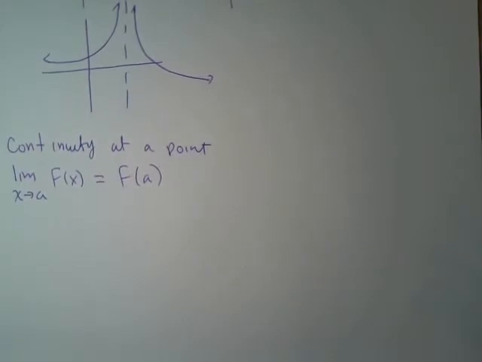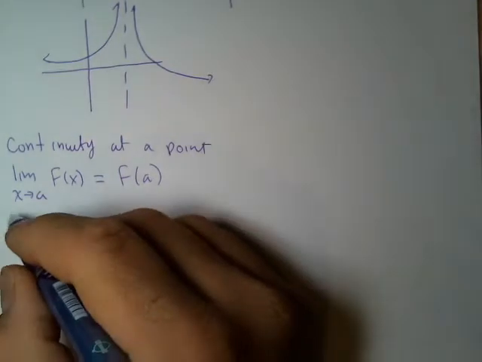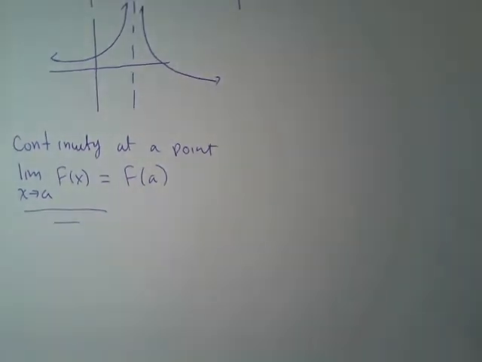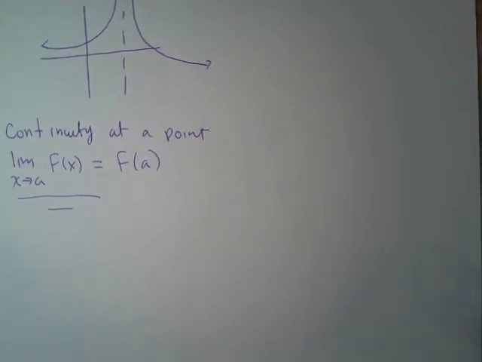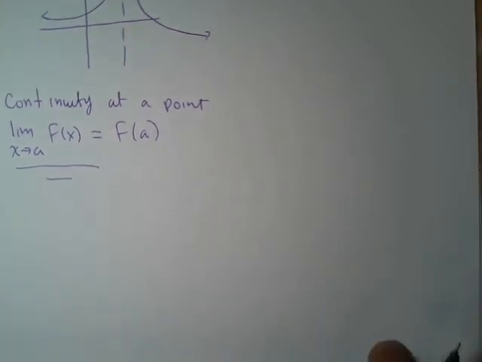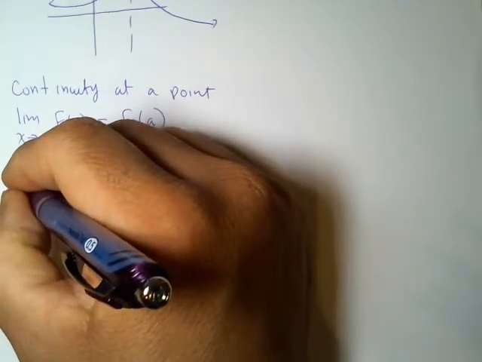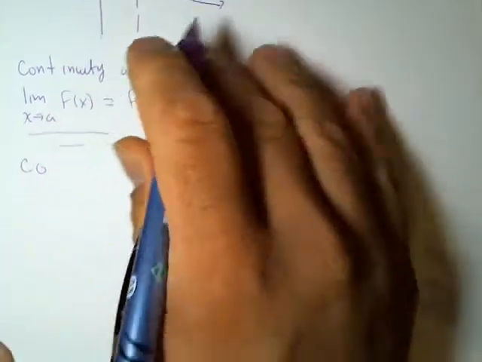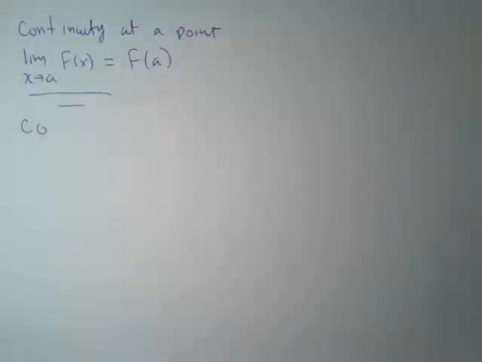So the continuity at a point would be if this holds. If we're asked to determine whether a function is continuous at a point, there's going to be a three-step process, which we'll define as the continuity checklist.